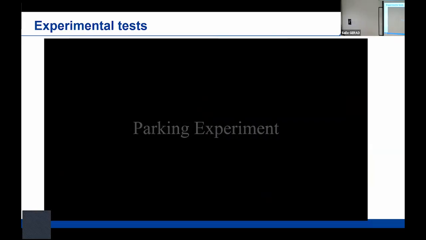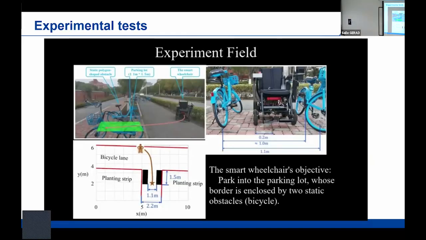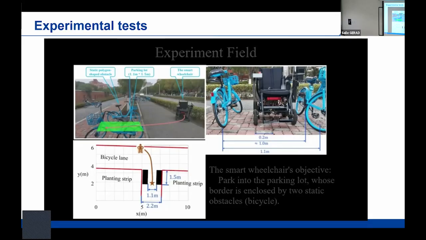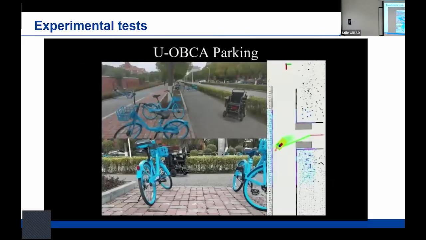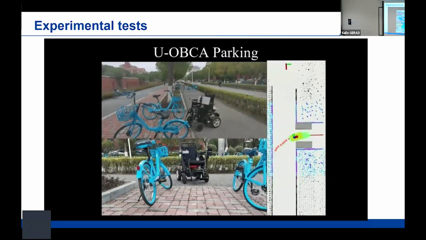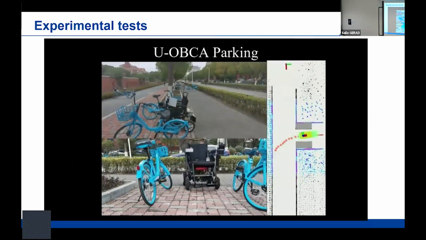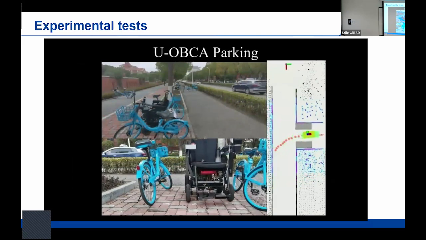In parking, we are trying to park in an extremely narrow environment. This space is only about 10 centimeters wide according to this, and it successfully managed to park in the parking spot, while the others just fail.